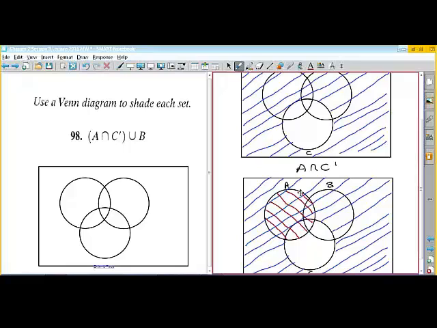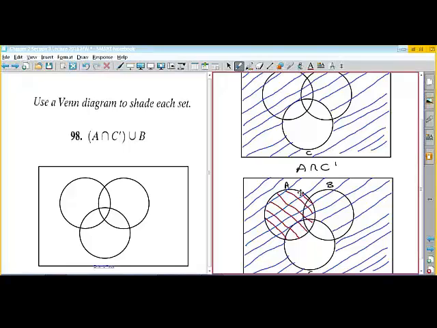So you can see on the diagram, there's some places where there's just blue, there's some places where there's red and blue, and there's some places there's only red, and there's some places that don't have anything at all. Okay. What this operation, the intersection, represents is where you have common things happening.